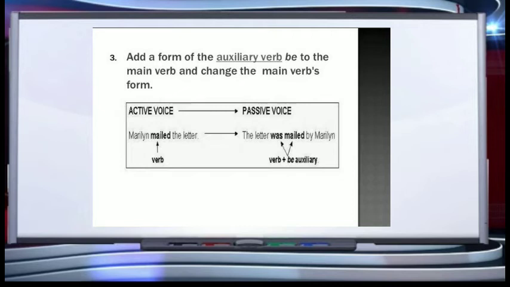So, see, in the active voice, the subject is the doer of the action, whereas the same thing can be written the other way around, where the object receives the action from the subject, as in the passive voice.